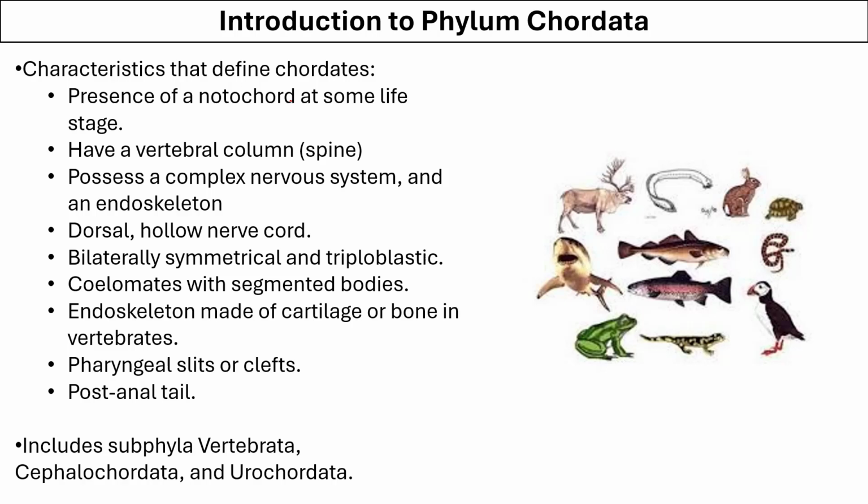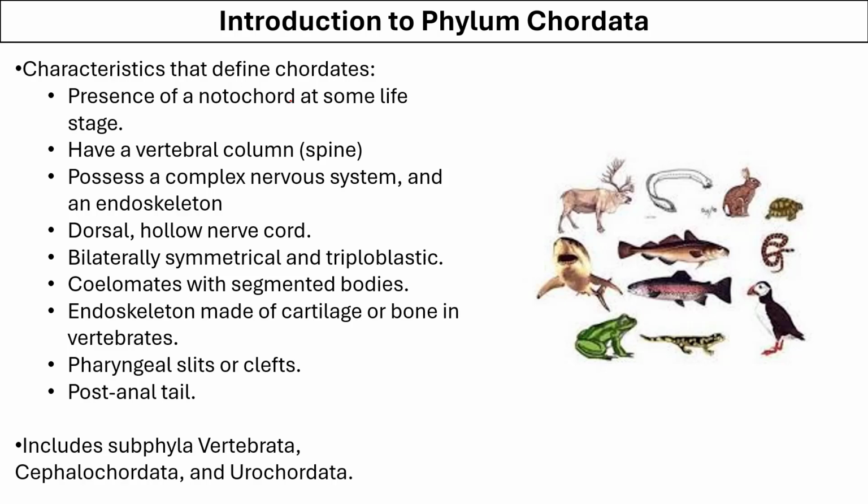Now, they have bilateral symmetry, which means that their left and right side of the body are mirror images, and they have triploblastic germ layers, which means during their embryonic differentiation, they have ectoderm, mesoderm, and endoderm.